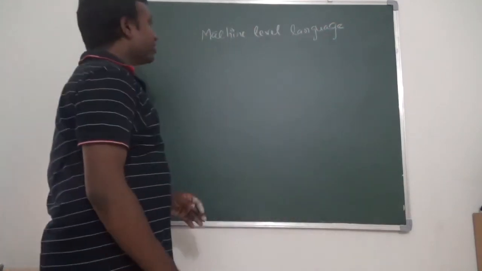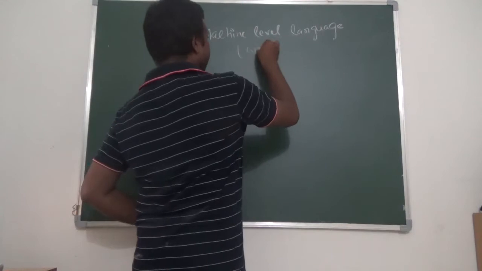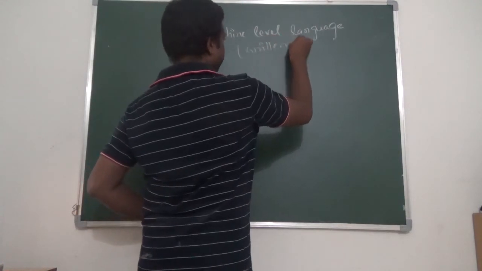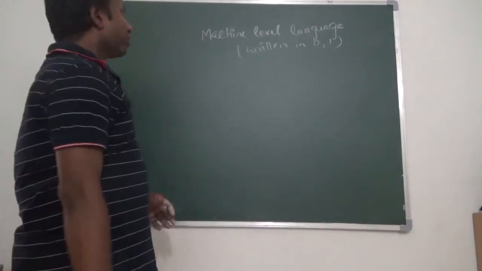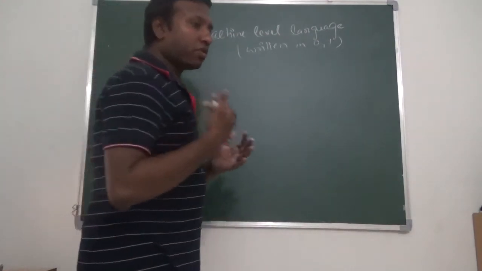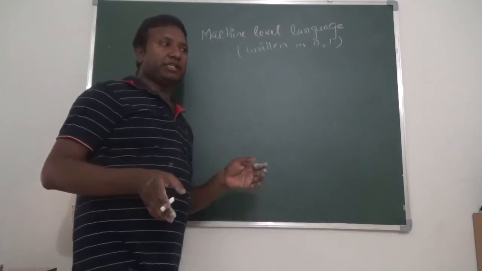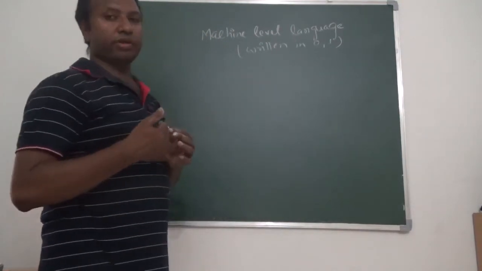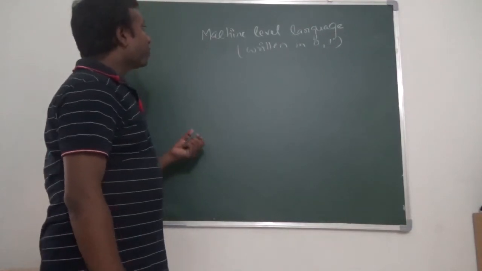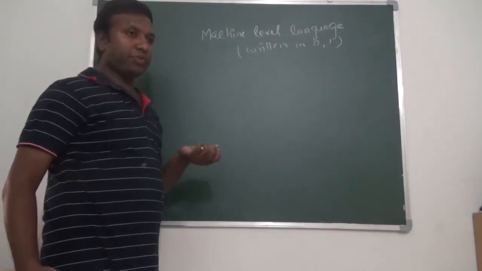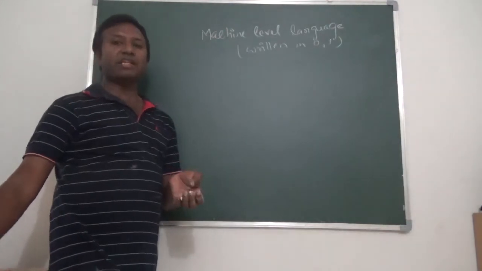Okay, so what is a machine level language? It is written in zeros and ones, right? So this kind of language is already designed when the computer system evolved, right? Now, what are the difficulties? Why are we not going for this machine level language? Let's analyze this with an example.